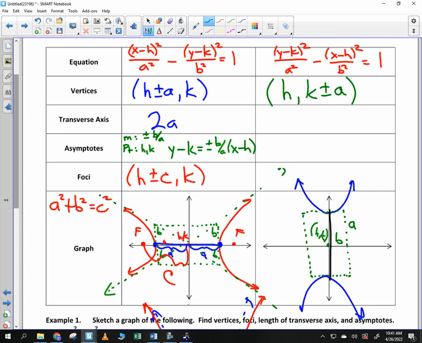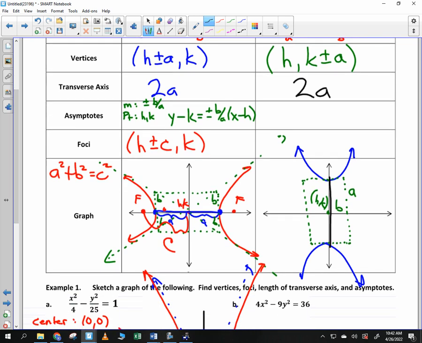What is the distance between those two vertices? 2a. In this situation, a corresponds with the y. It's sitting under y. Do you see that? Okay, so there I am.